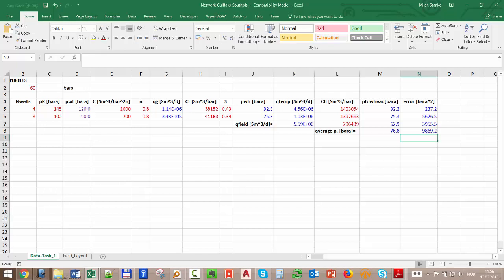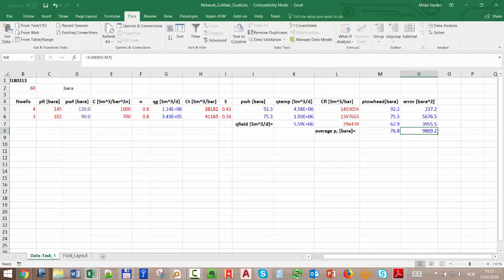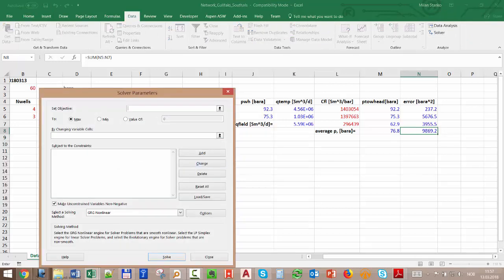And then I say solver, what do I have to set up on the solver? Please drive that number to 0, such that there will be no deviation with respect to the average. That means all values are the same, by changing the only thing that we have assumed so far, which is that PWF. So let's see if it works. Change that number. I want to drive it to 0.